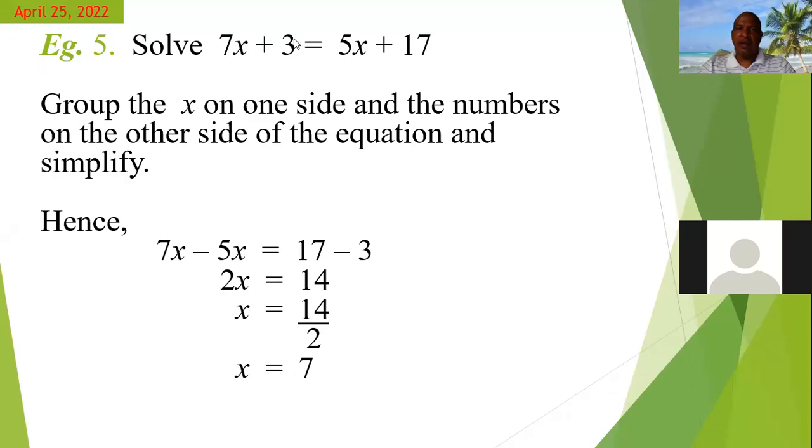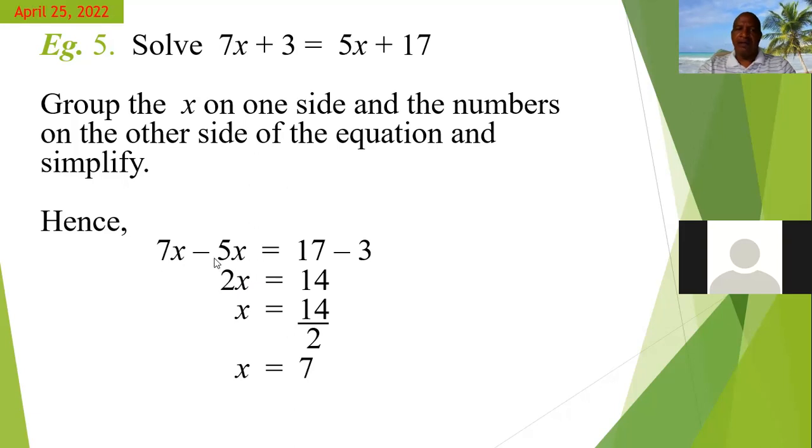So in this case, we bring all the x's to the left-hand side, and we'll bring all the numbers to the right-hand side. So we do the calculation, we subtract, bearing in mind that we are changing the sign to its opposite when we're moving these terms across the equal sign.